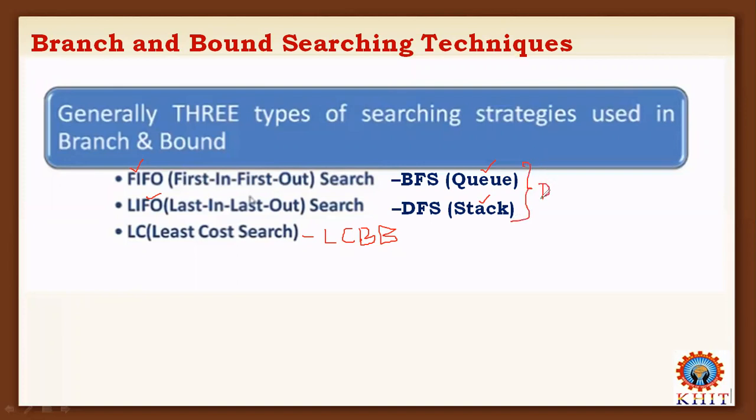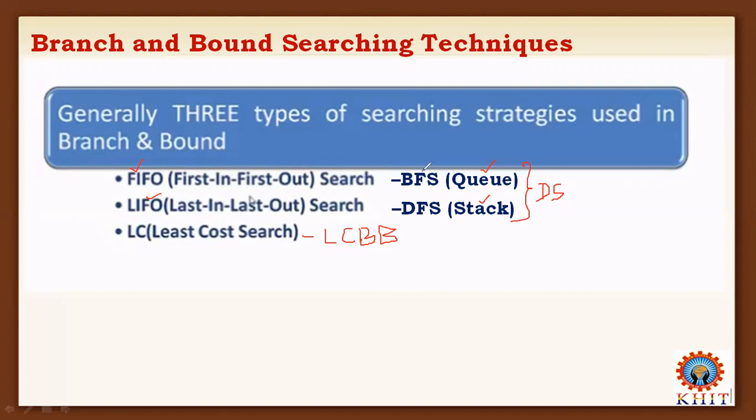Both queue and stack are considered data structures. These queue and stack data structures are used to search last in first out and first in first out branch and bound searching techniques.